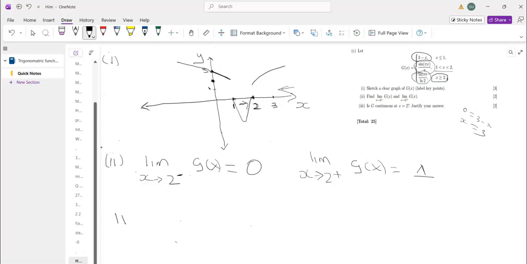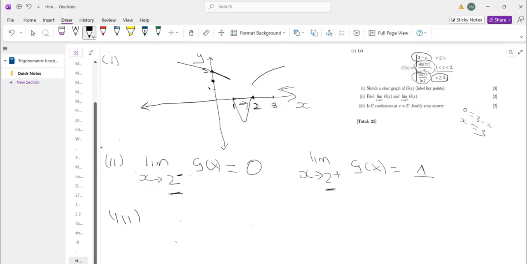Okay, and the last question says, is g of x continuous? In order for g of x to be continuous, approaching 2 from the negative side and approaching 2 from the positive side has to be equal. But since they are not equal, then it is not continuous.